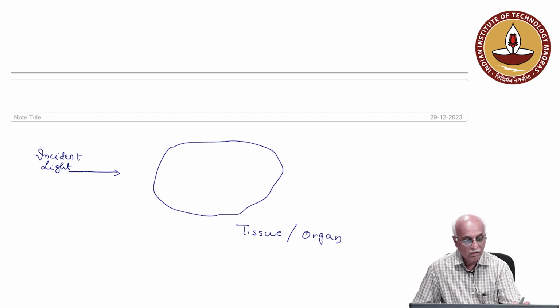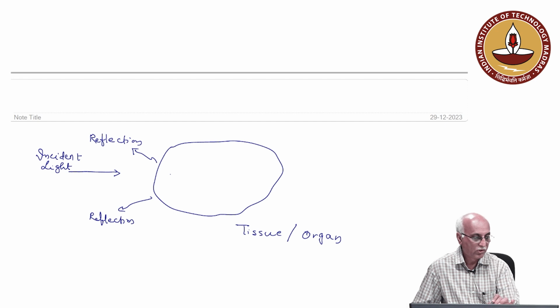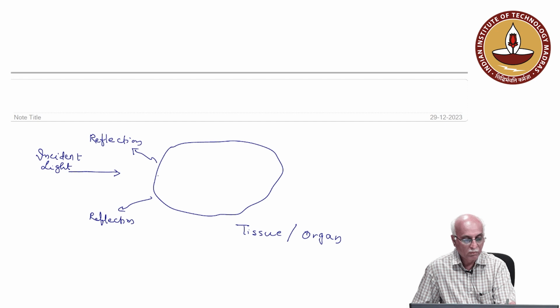One is reflection. When light interacts with this tissue, some reflection will come into the picture. Now, some part of the light will also get transmitted through this medium.